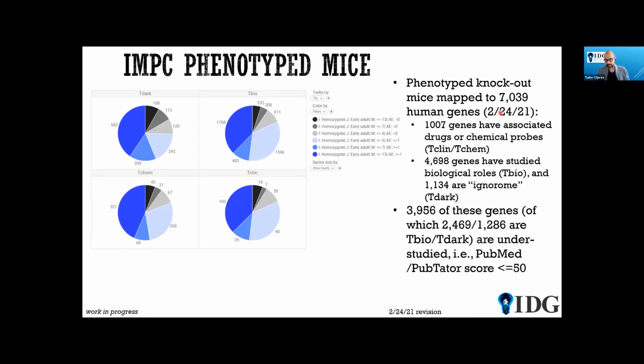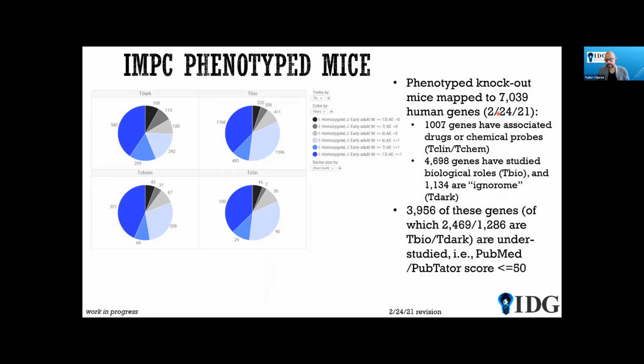So a rather recent mapping at the end of February, we concluded that when you look at early adult homozygote mice that have been phenotyped successfully through the pipeline at IMPC, and they have a very strict pipeline, that answer is about 7,000.